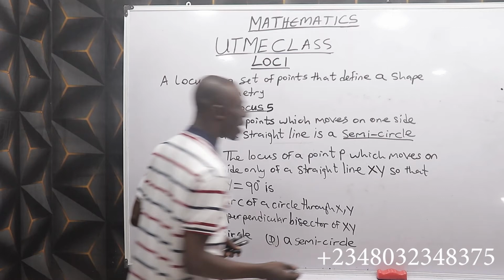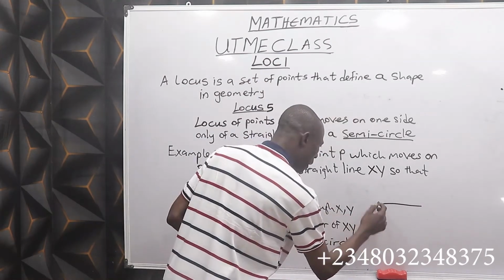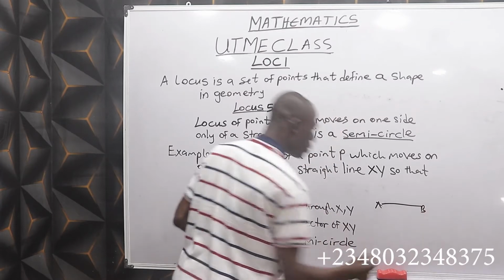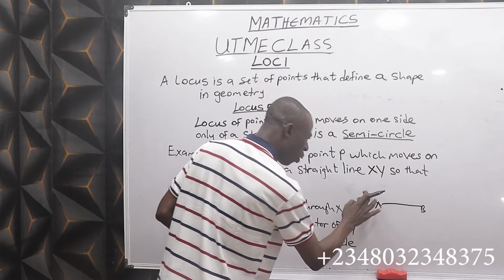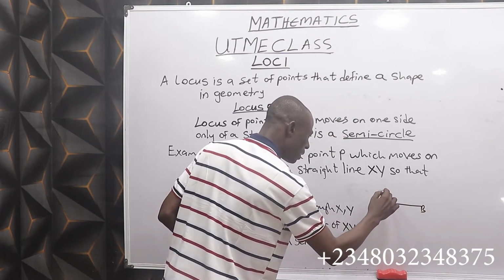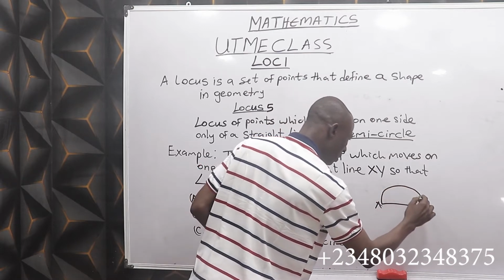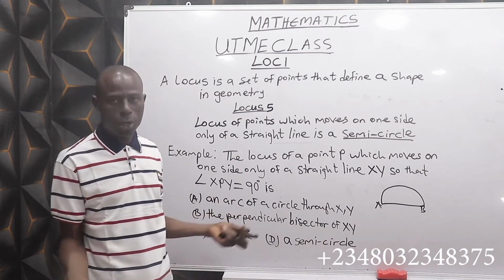Let me demonstrate it here and you see. Let's say this straight line AB. The locus of a point that moves only along this line will move like this, and end here. And it will form a semicircle.